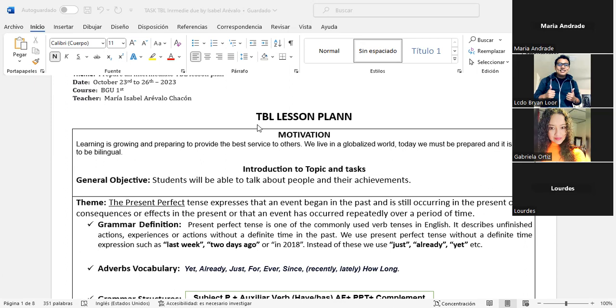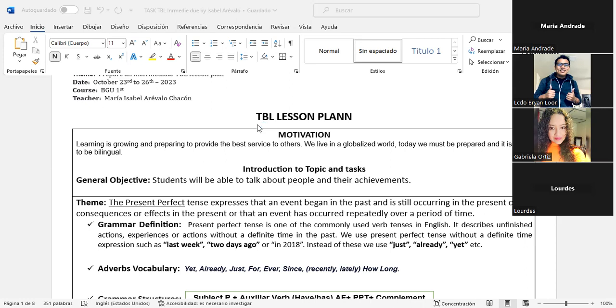The introduction was with a general objective where the students will be able to talk about people and their achievements. For example, they can talk about sports, travels, different experiences of their life.